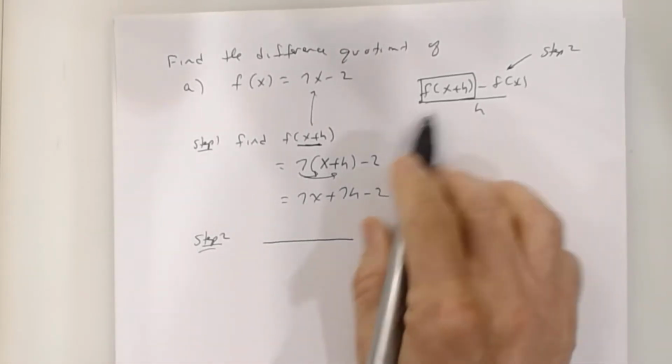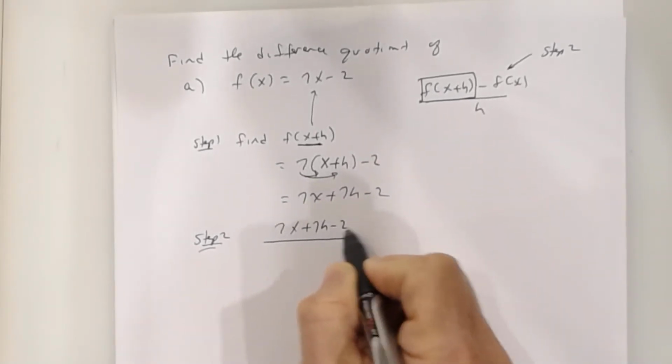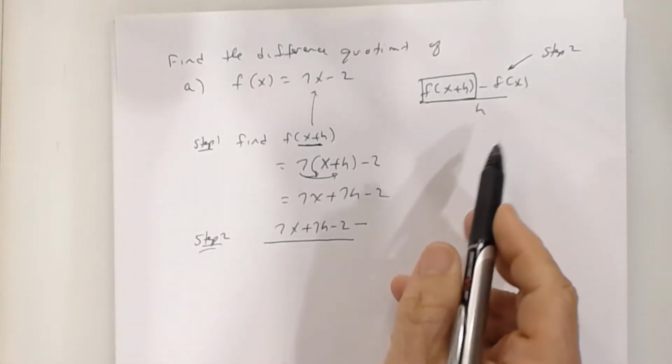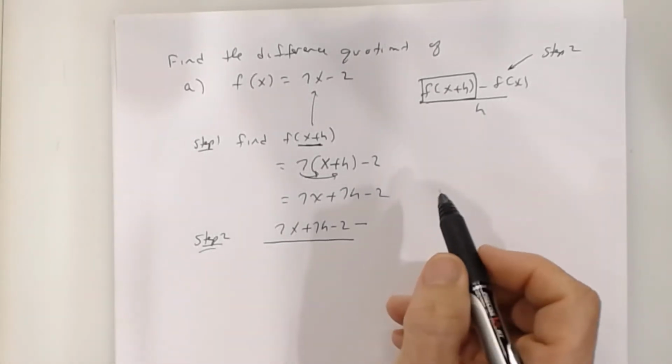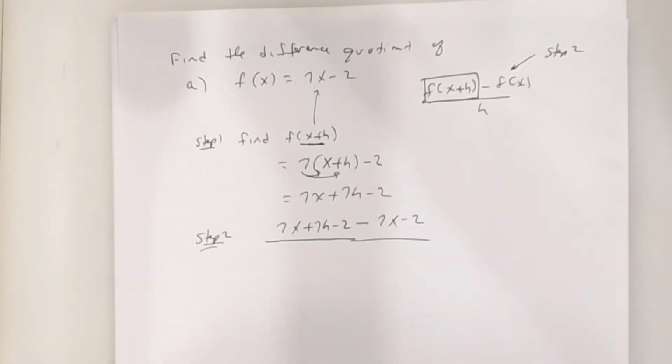And what is it I got in step 1? 7x plus 7h minus 2, and then I got to subtract f of x. All right, now you got to remember some stuff we talked about since day 1. Is this correct that I'm writing? No, it is not. I am not subtracting 7x subtract 2. I'm subtracting what?